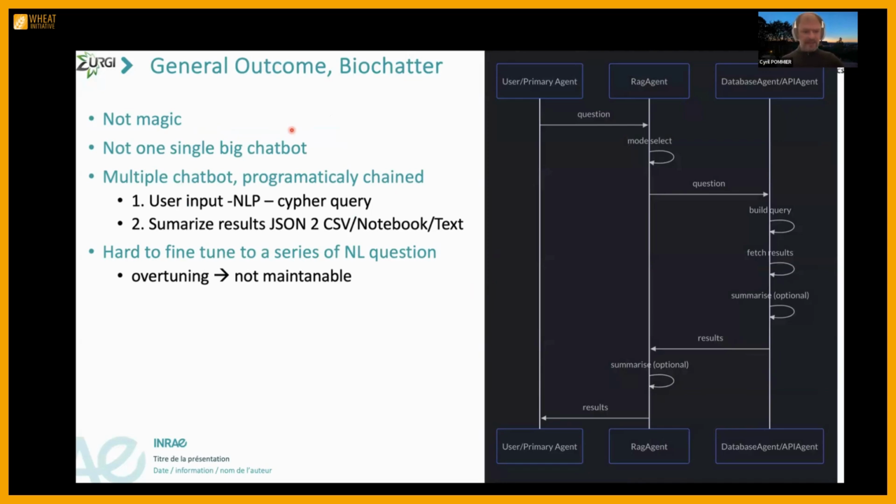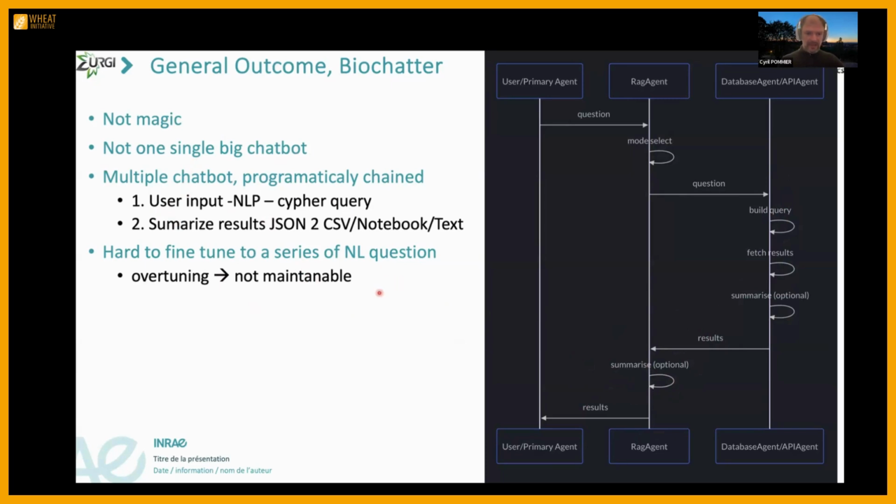In fact, we've got to aim for multiple chatbots, programmatically chained, as we can see here, with first a question in natural language that is interpreted by the chatbot, which generates another question or a Cypher query, as we have seen, that is then run to produce the results, which can be summarized using another agent or the initial chatbot. As we can see here, this is exactly what I just said.